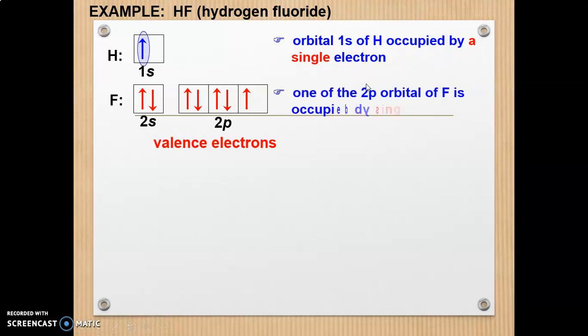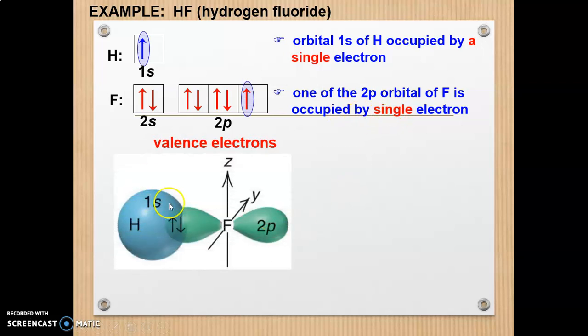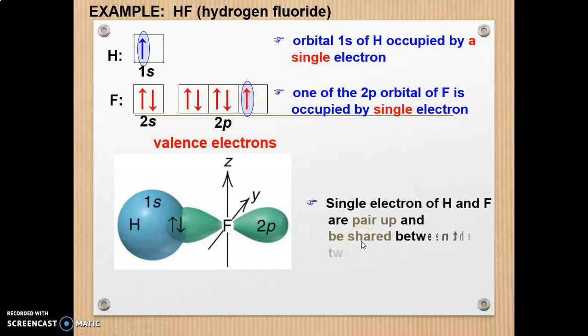One of the 2p orbital of fluorine is occupied by a single electron. So the single electrons of hydrogen and fluorine are paired up and shared between the two atoms. So 1s orbital of hydrogen overlaps with 2p orbital of fluorine to form sigma bond.